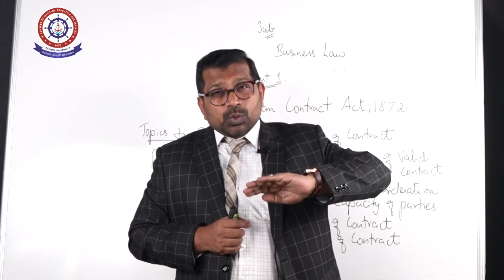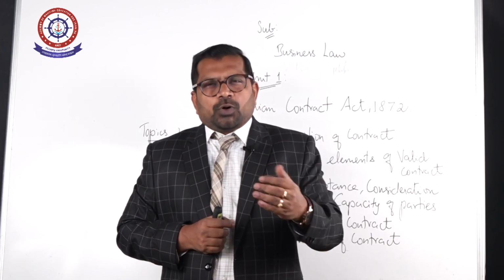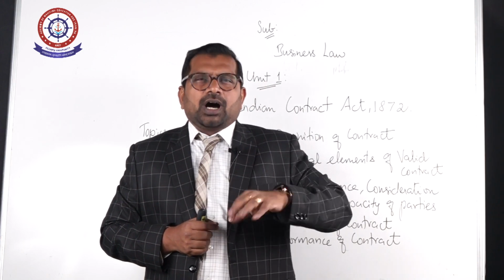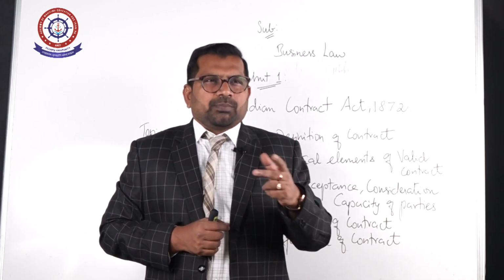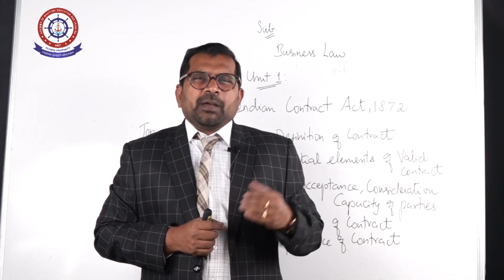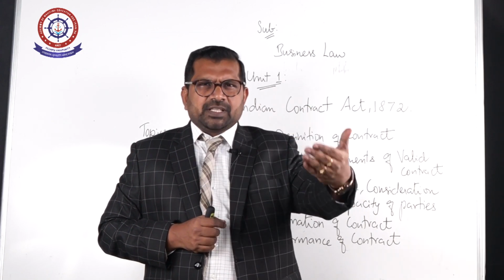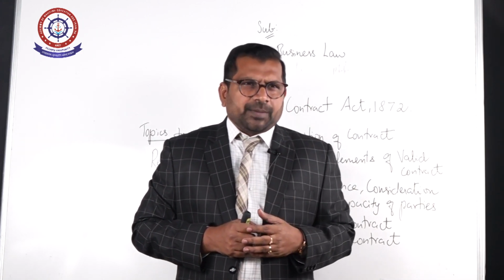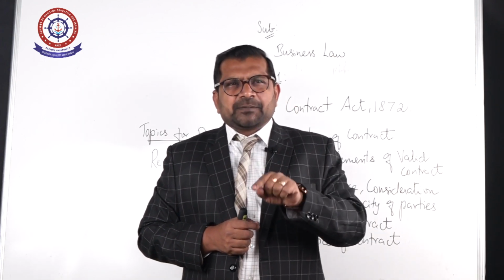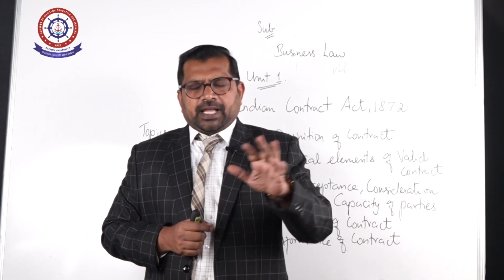Another one is executory contract. Executory contract means yet to be performed, either by one or both the parties. Say for example, P agrees to sell his car to K, and K in consideration promises to pay P rupees 5 lakh.